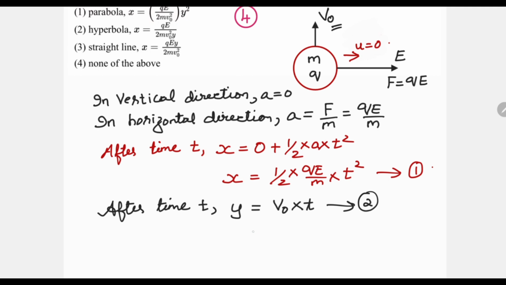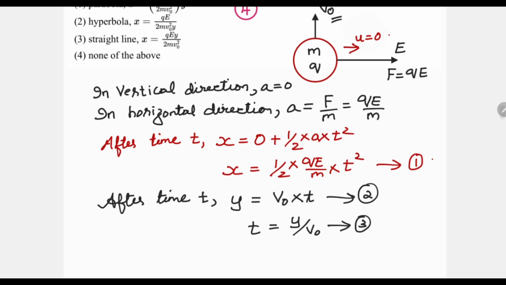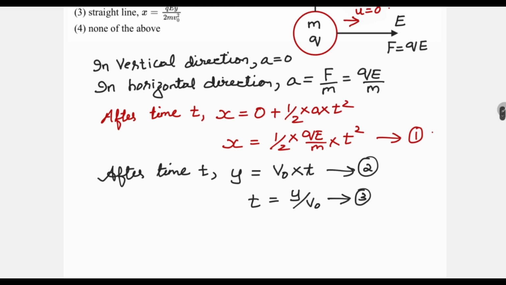Now from equation number 2, I get it as t equal to y by v0. Because in this question, we need a relation between x and y. So let it be equation number 3. Now put 3 in 1. Then what we will get? X equals half into qE by m into t square.